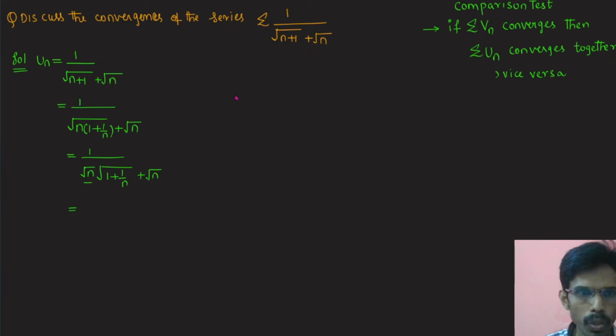Now we have this root n here, take root n common in denominator, then we have root 1 plus 1 by n plus, after taking this common we have 1 here. Now this can be written as 1 divided by root n into 1 upon root 1 plus 1 by n plus 1.